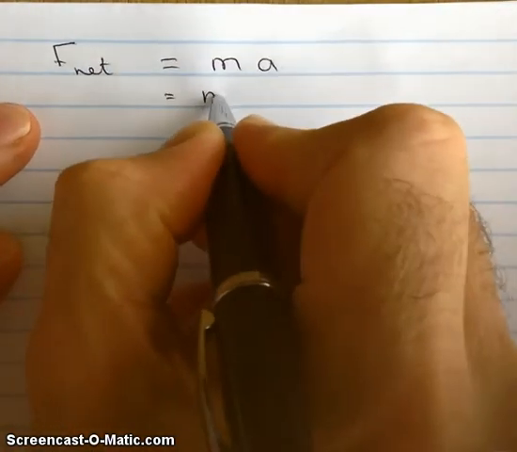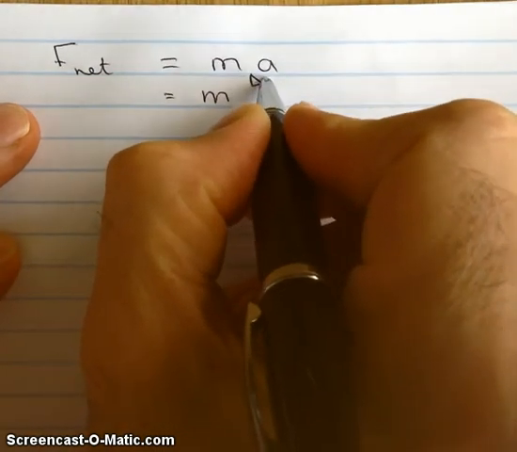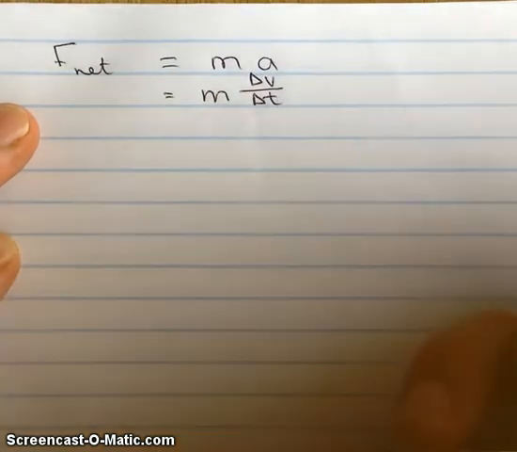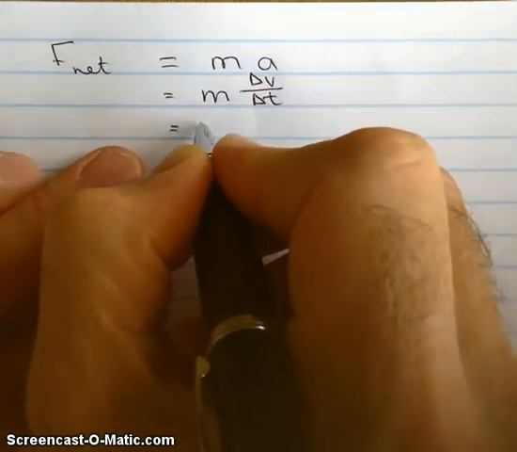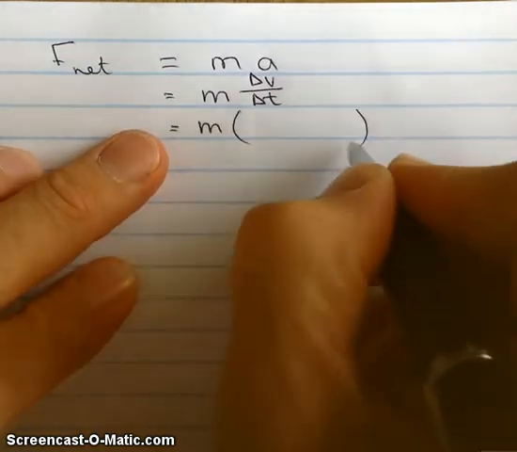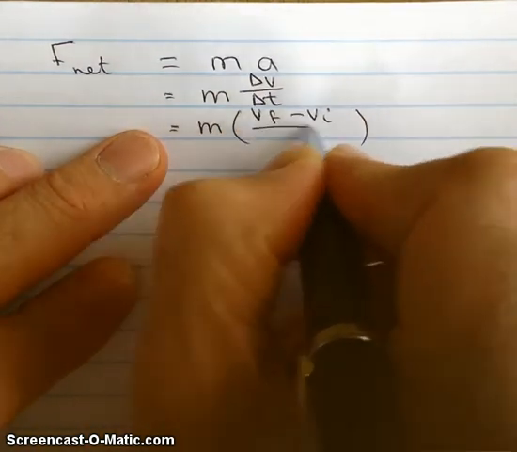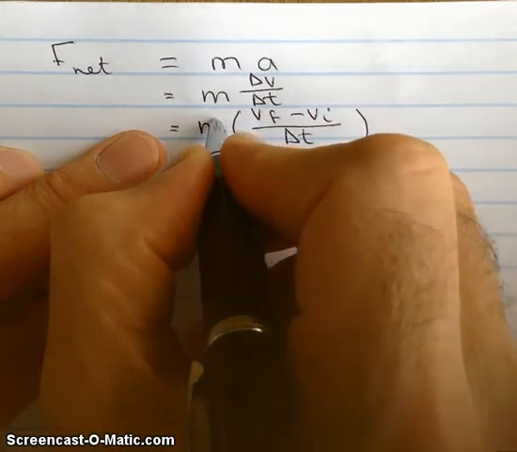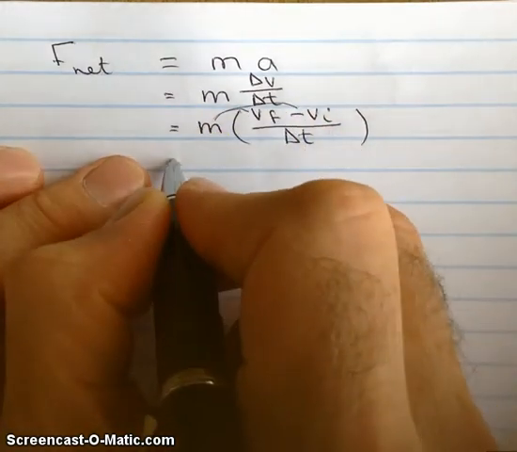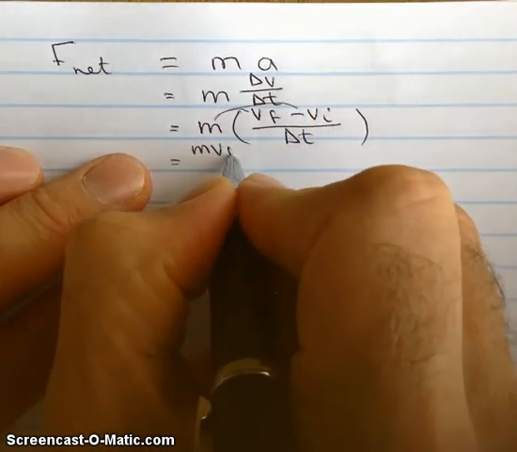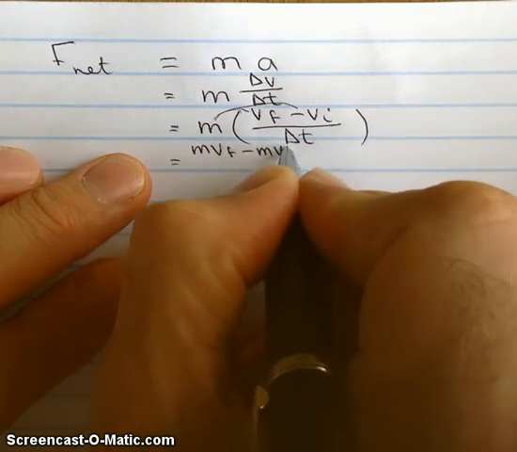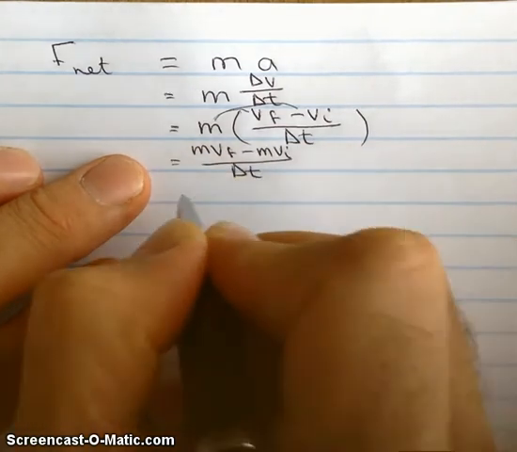Now acceleration is by definition the rate of change of velocity. Therefore I can replace the delta V with Vf minus Vi over delta t, then multiply the m in. That gives me m Vf minus m Vi over delta t.